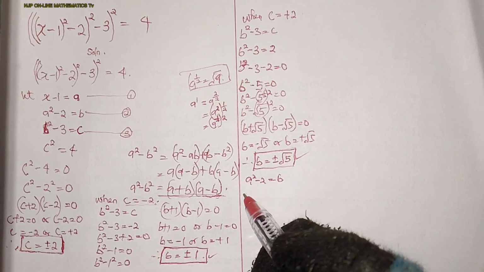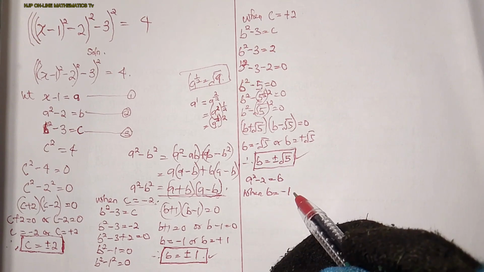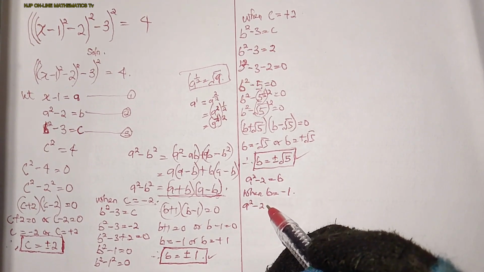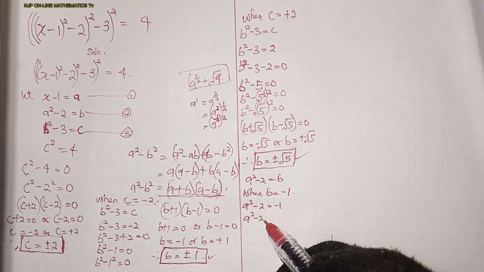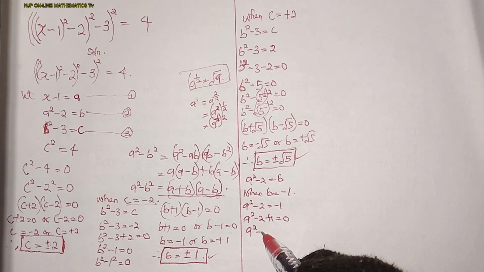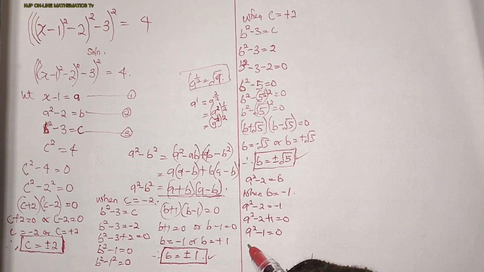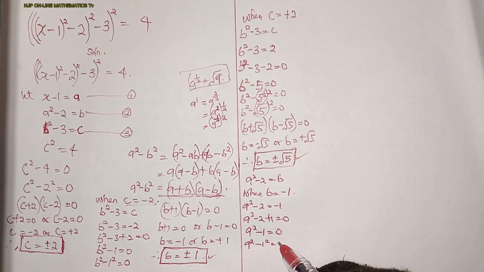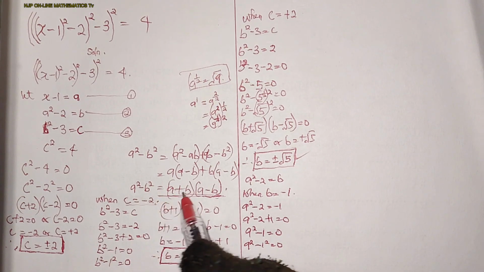So now let's substitute when b equals negative 1. Then we are having a square minus 2 equals negative 1, and that a square minus 2 plus 1 equals 0, and a square minus 1 equals 0, and 1 is a perfect square, so we can write a square minus 1 square equals 0. So these two, we can still apply this relationship here.